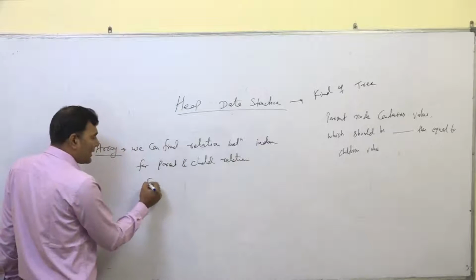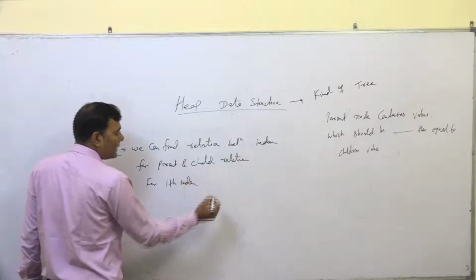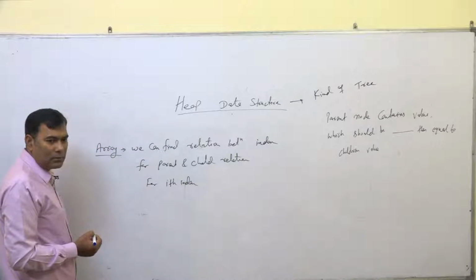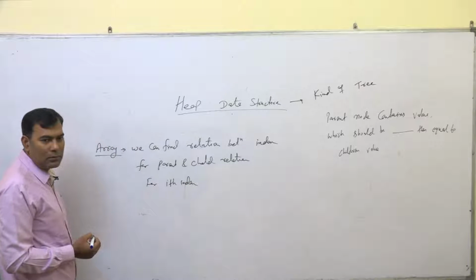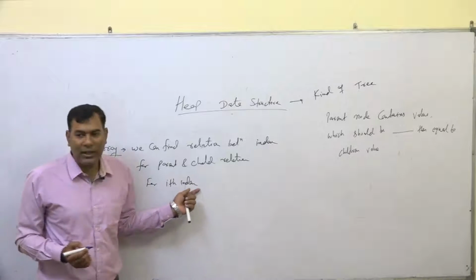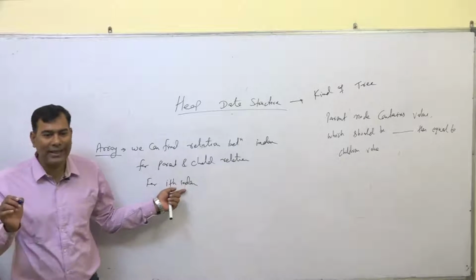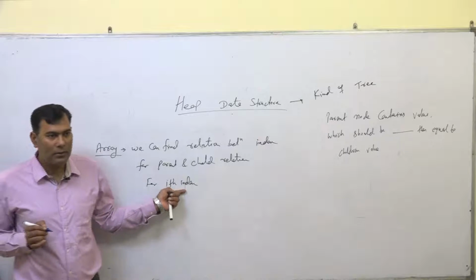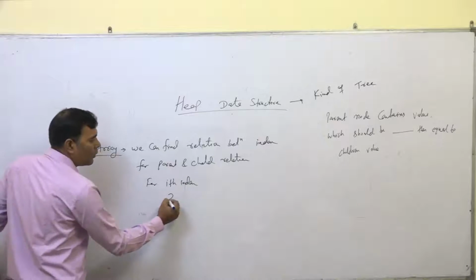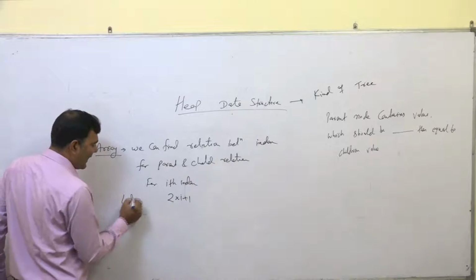So for the ith index, where is the left child? We already discussed this problem. 2 into i plus 1, and it is for the left index.